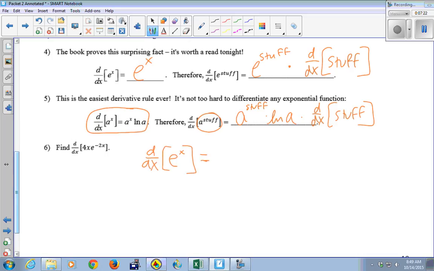According to this rule, my answer would be e to the x times the ln of e, which is 1, so that agrees with our original formula that it's just e to the x. So the e to the x rule is just a special case of the a to the x rule.